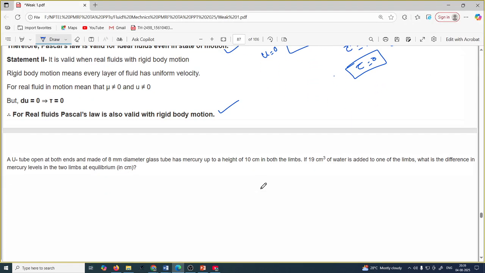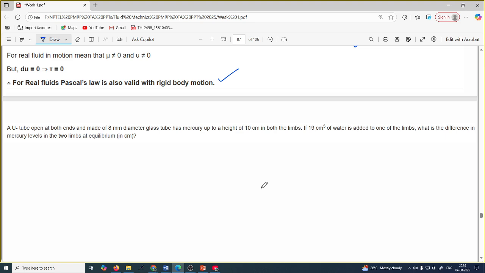So next question is a very simple question. U-tube manometer. A U-tube open at both ends and made of 8 mm diameter glass tube has mercury up to a height of 10 cm in both limbs.